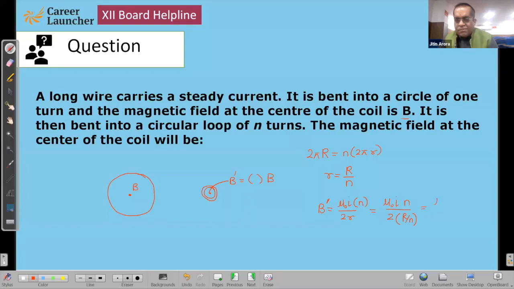So this becomes mu naught I n square by twice capital R. And this mu naught I by twice capital R is the magnetic field of the larger loop. So can I say B dash is equal to n square times B? That's what I get finally. Right? So this is how we're going to approach such a question.